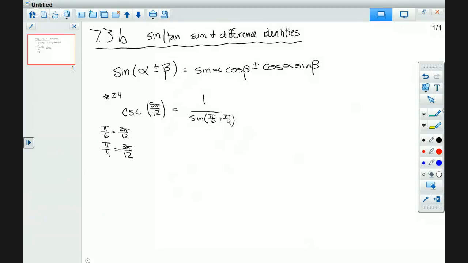Is that good enough? Okay. And you're just going to have some fraction nastiness to deal with. So we have plus, so that's plus, that has to be plus.